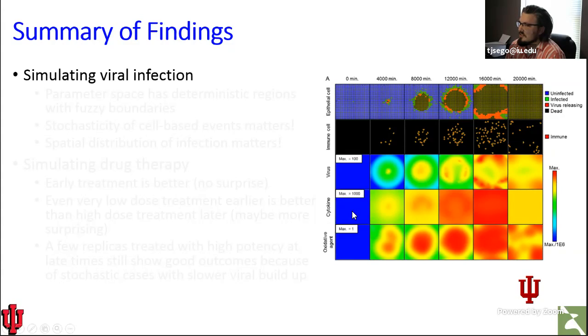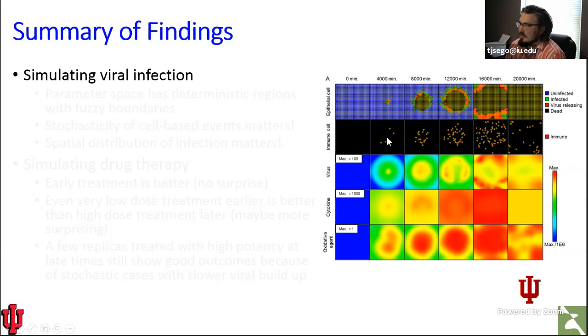You'll also notice here in early stages of the cytokine field, you can see signaling by infected and virus-releasing epithelial cells. Notice this with higher levels early on. And again, this maps to the recruitment of immune cells into simulation.